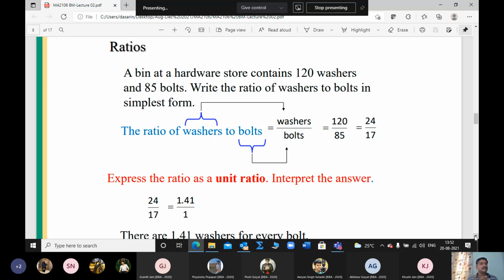Now they are asking us to find the ratio of the washers to the bolts. After "to", I find the bolts. So what is the bolt count in this example? How many bolts were there in that bin? I hope you are with me.